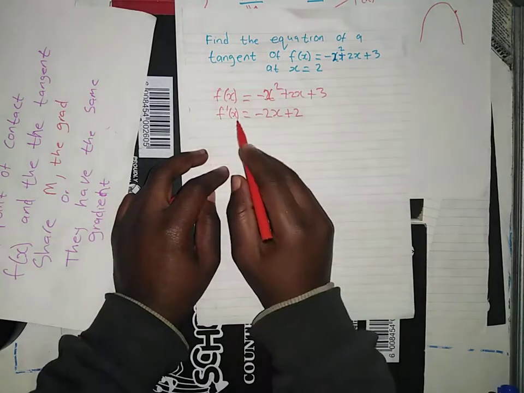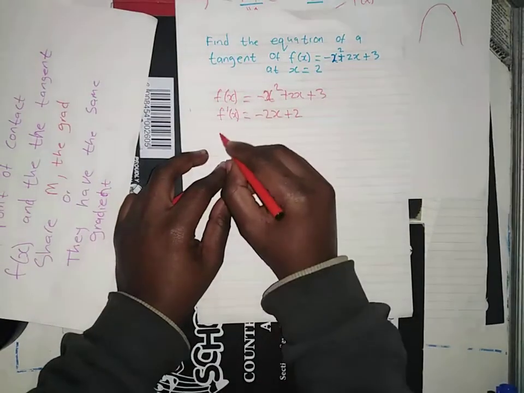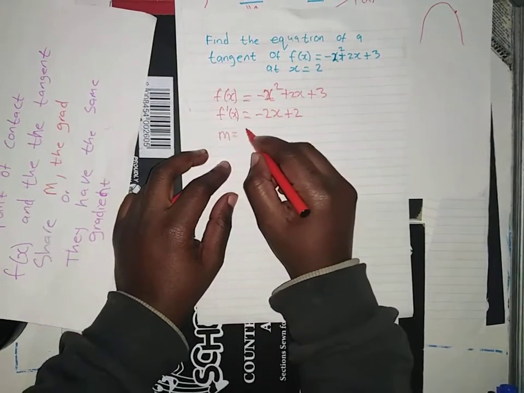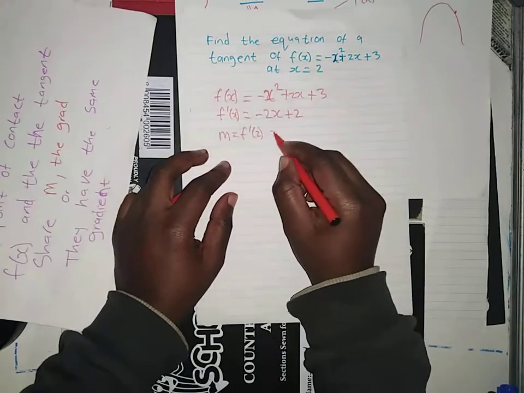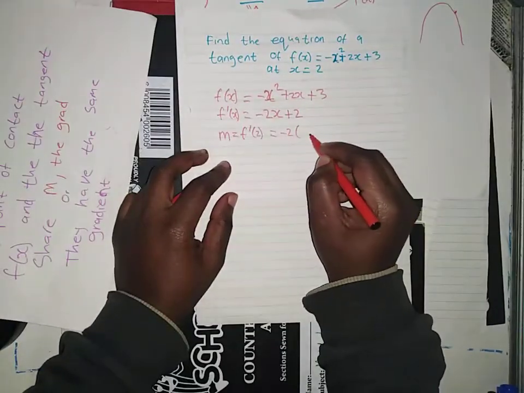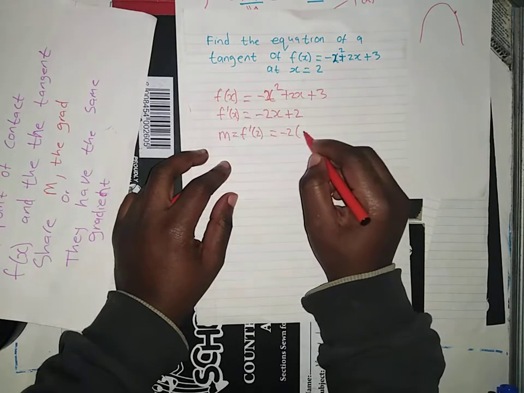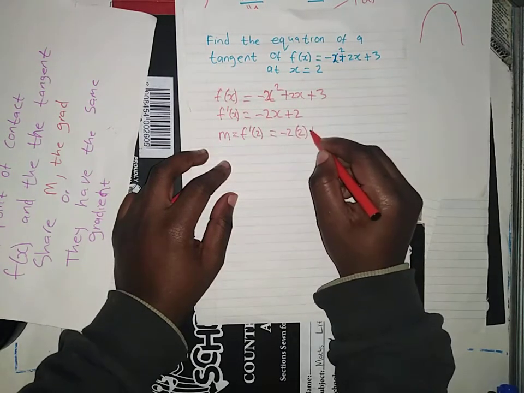Now I'm looking for the gradient at x equals 2 so that I can find m. So m is equal to f prime of 2, and that is nothing other than minus 2 times 2, which is minus 4, plus 2.